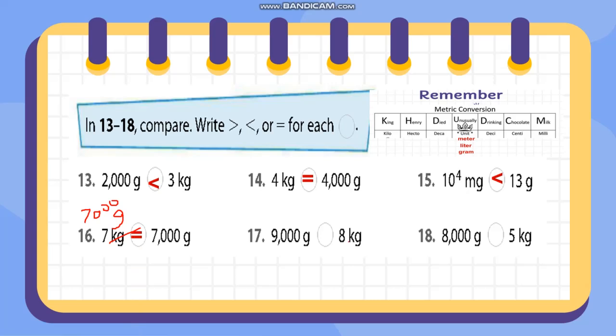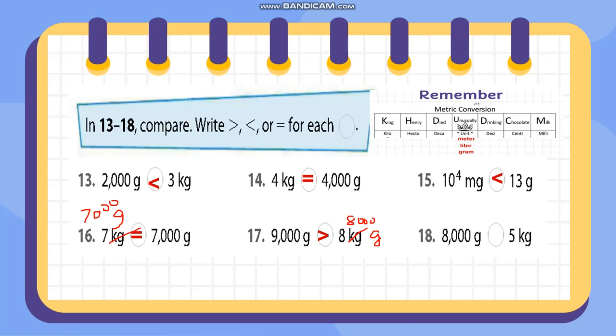Next, I need to change this into gram, or you can change this into kilogram. It's up to you. Kilogram to gram is multiplied by 1000. So 8 multiplied by 1000 is 8,000 gram. We have 9,000 gram and 8,000 gram. So 9,000 gram is greater than 8,000 gram.